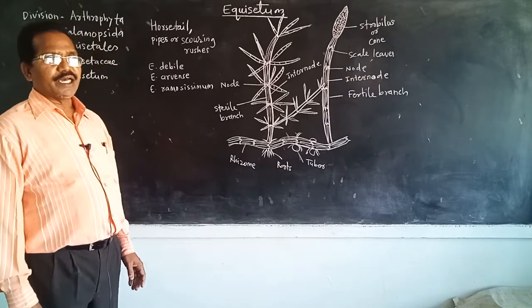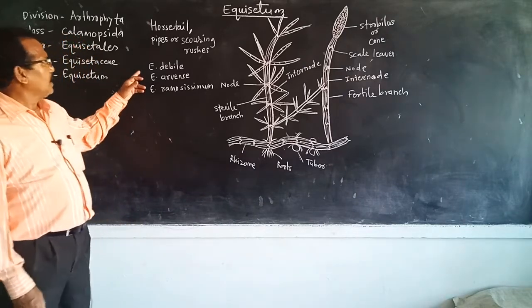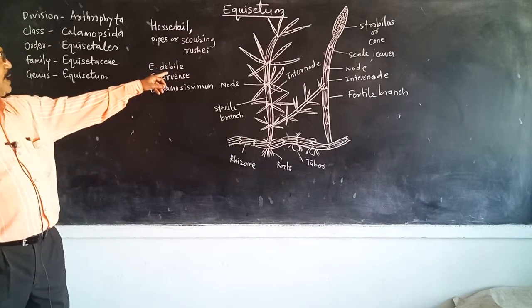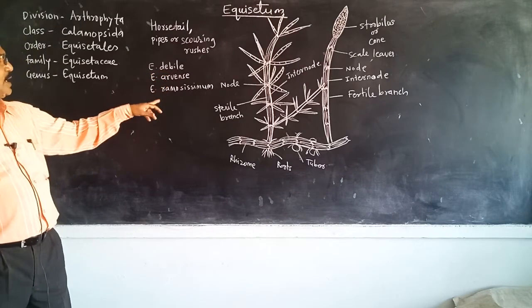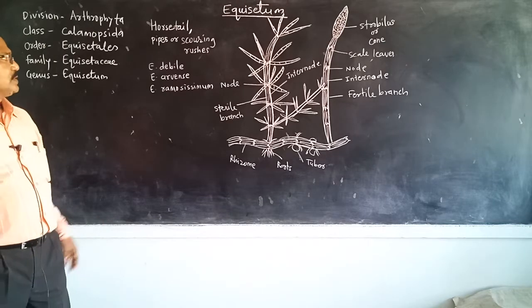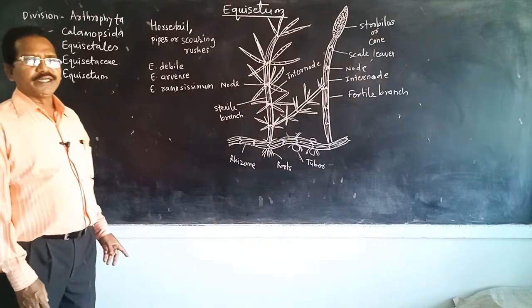In India, the common species are Equisetum debile, Equisetum arvense and Equisetum ramosissimum.